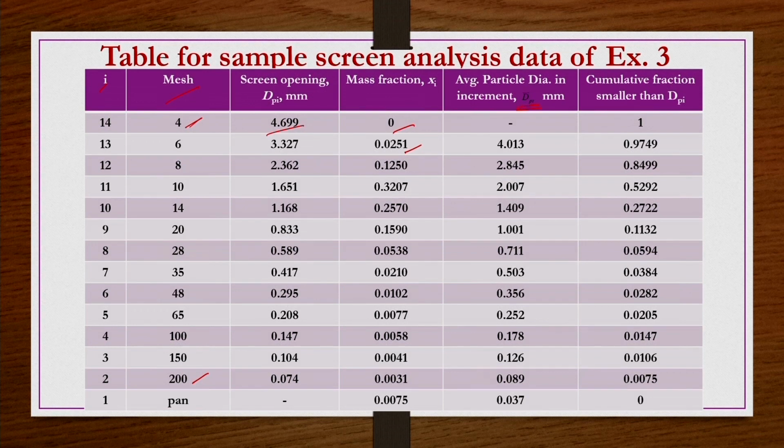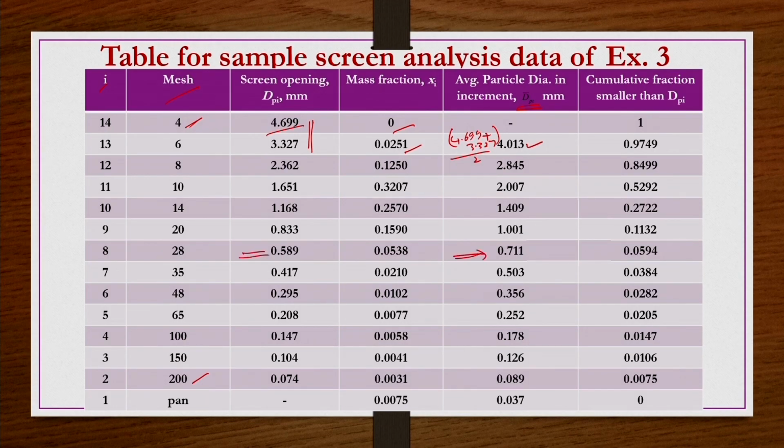The first one is as it is, 4.699, because it is only 1. The second one is the average of these two, that is 4.699 plus 3.327 divided by 2, so you get 4.013. Likewise all the other average diameters also.